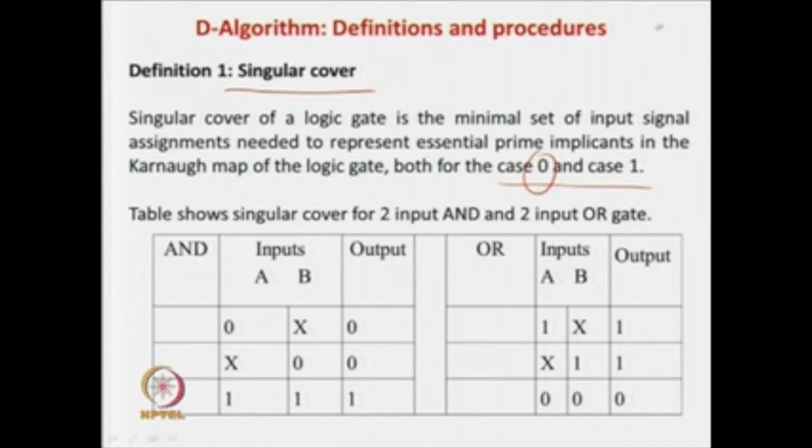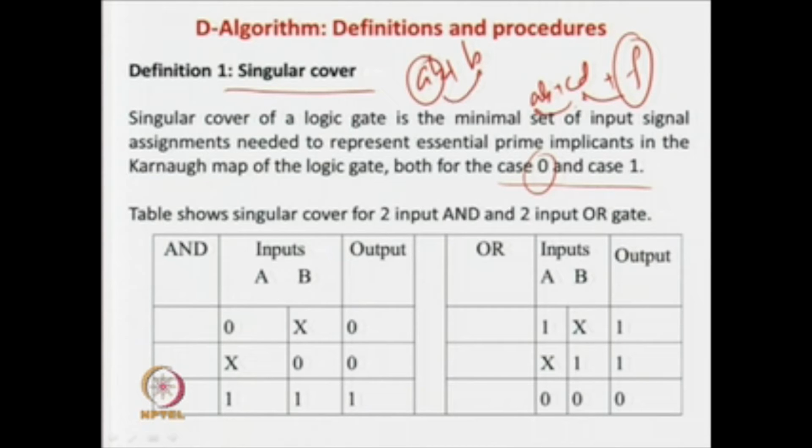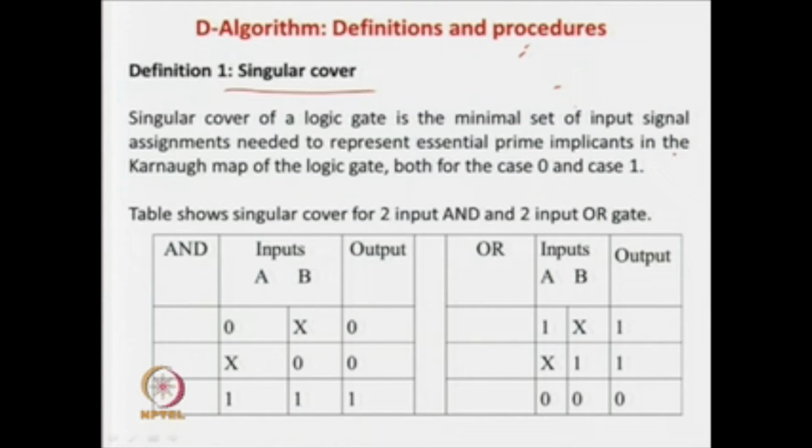Like if we have a function AB plus B, then AB is contained in B, because B is actually AB plus A prime B. So, AB is not required, because B already represents the case of AB. These are the definitions of prime implicant and essential prime implicant which we already discussed.